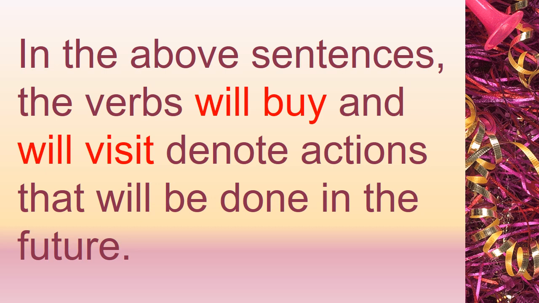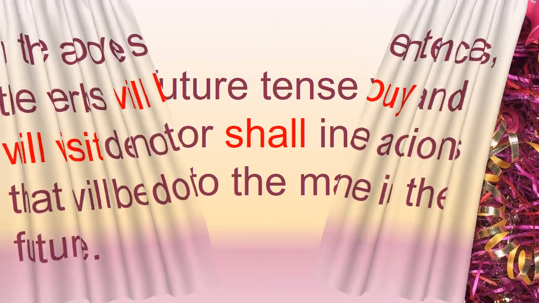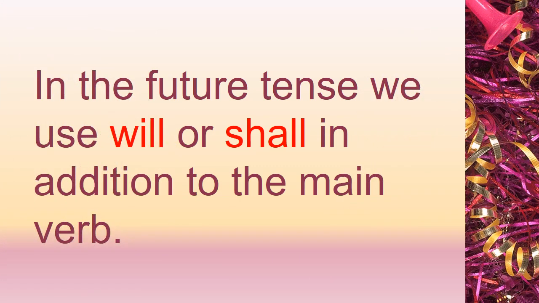In the above sentences, the verbs will buy and will visit denote actions that will be done in the future. In the future tense, we use will or shall in addition to the main verb.